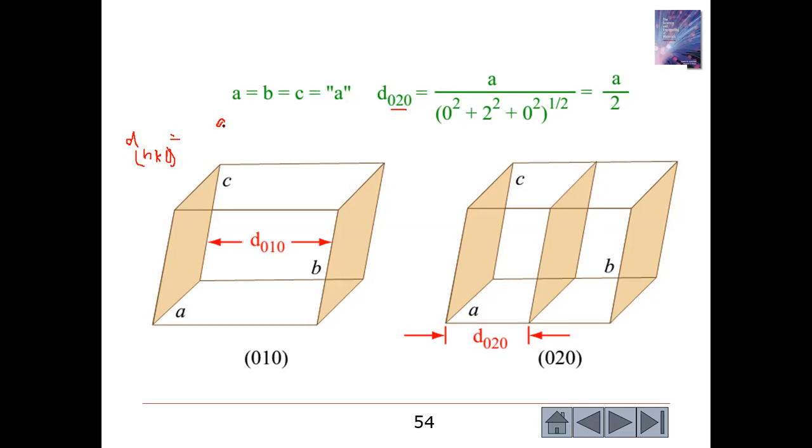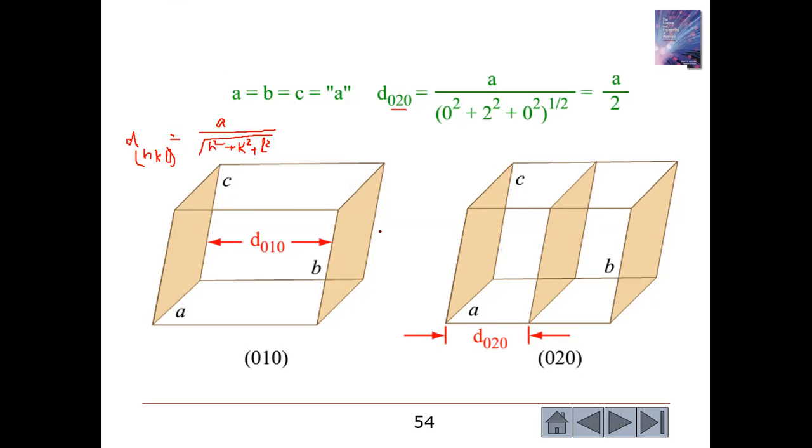Lattice parameter divided by the square root of H square plus K square plus the sum of the square of the Miller indices, right? And under the root. Clear? So this is how you find out the distance between two parallel planes. We call it interplanar distance.